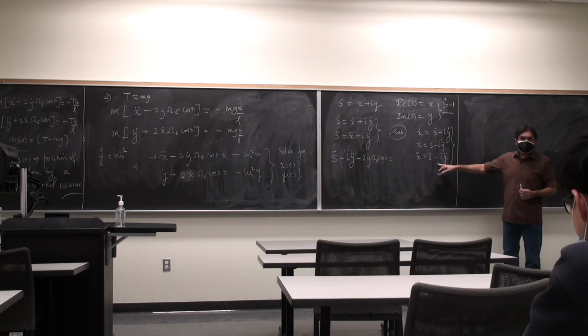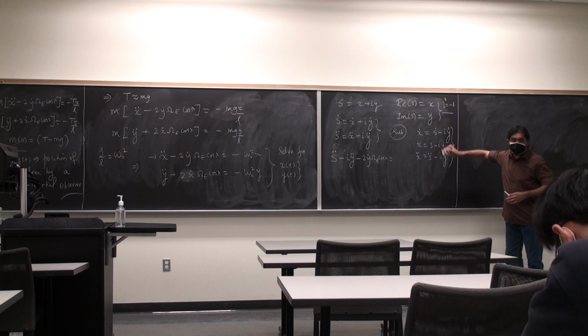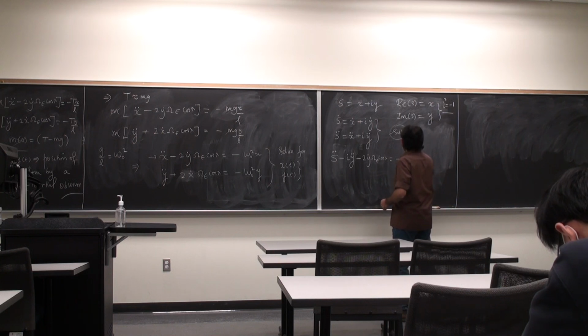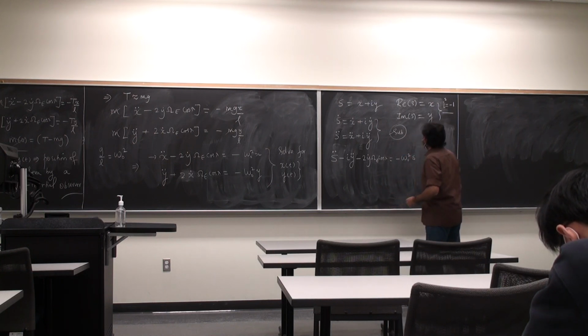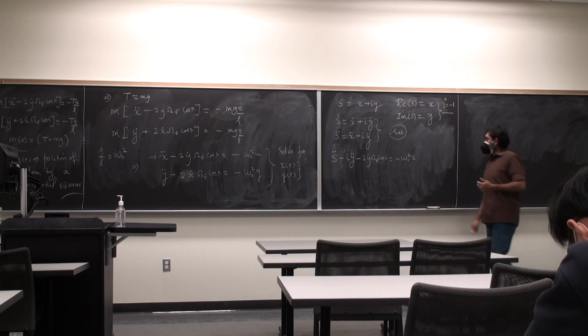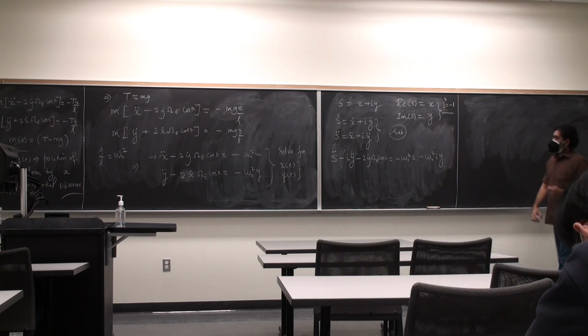Can I get rid of all of this? Okay. I just want to have some space, so I'm going to get rid of just this. So that's minus omega naught square times s. And then plus omega naught square times i times y, because I substituted x as s minus i y.